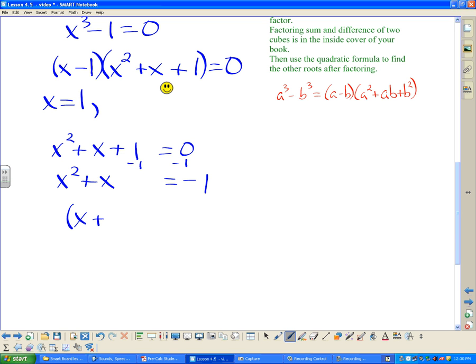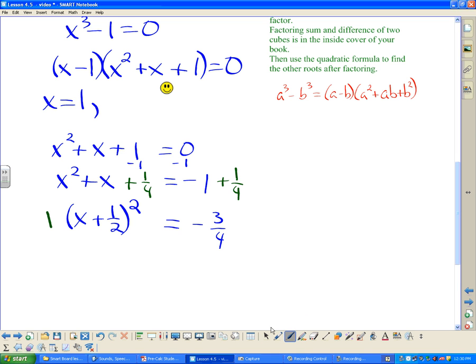So that means half of 1 is 1/2, squared, which means then I'm going to add 1/2 squared, which is 1/4, to both sides. Or what I do to one side, I have to do to both. So then we get -1 plus 1/4, which is -3/4.